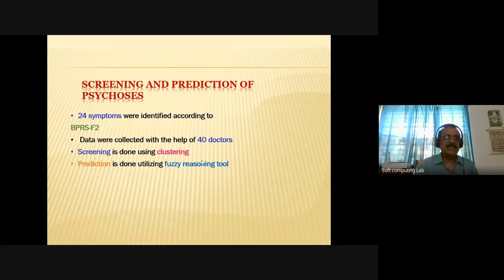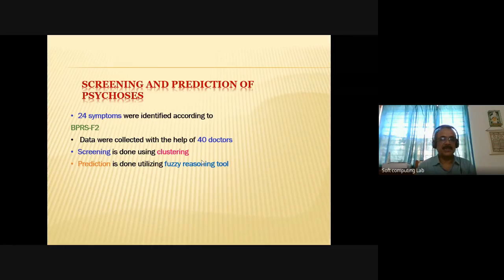Once again we tried to find out the input-output relationship related to mental disease, that is psychosis. We considered 24 symptoms as the input according to the BPRS F2 manual available in medical science.